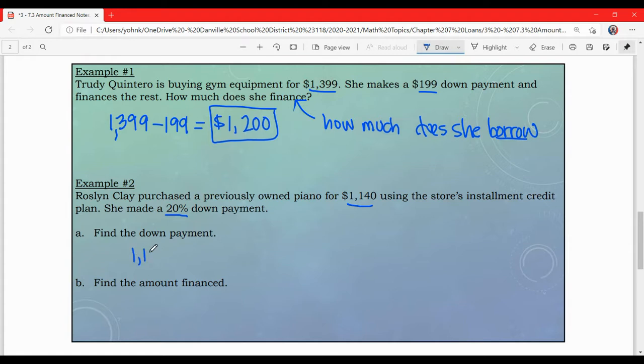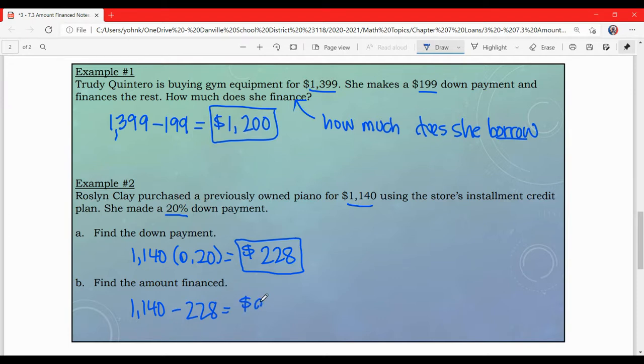So $1,140 multiplied by 0.20 tells me that my down payment is $228. That's how much I have to put down to get the item, and then I'll pay the rest on installments. The amount that I need to borrow is the cash price minus the down payment, and this is my finance amount. So that's $912.